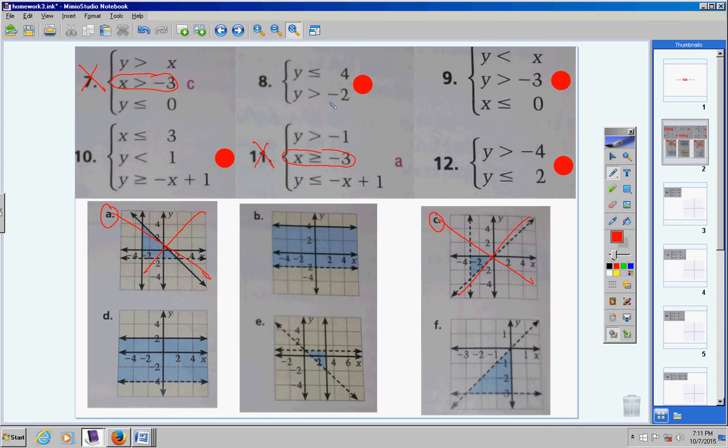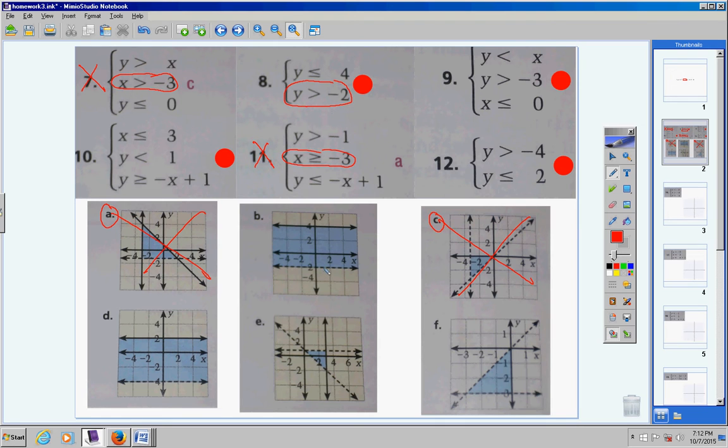Now let's look for some more distinct characteristics. How about y and -2? I only see one inequality that says y and a -2. Don't see one here. I see a +2, but not a -2. Not one here, not one here. So only one of these graphs will have a horizontal line going through -2.